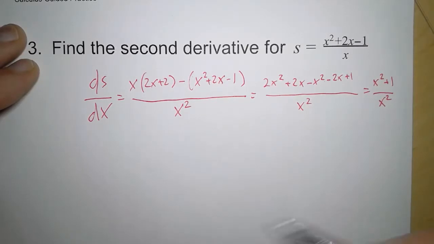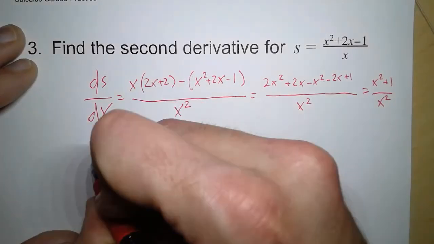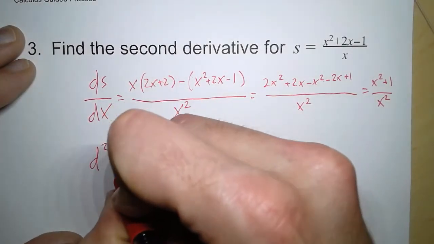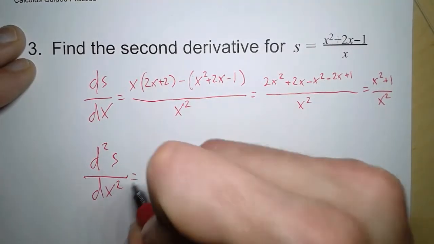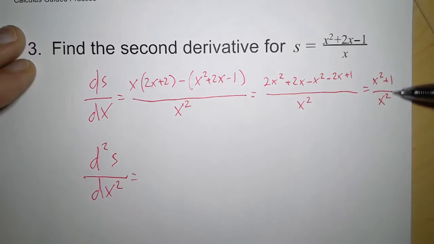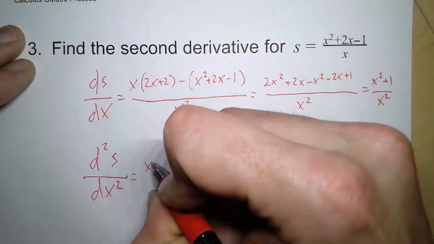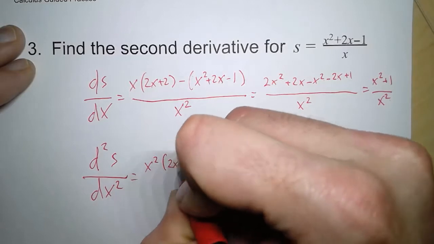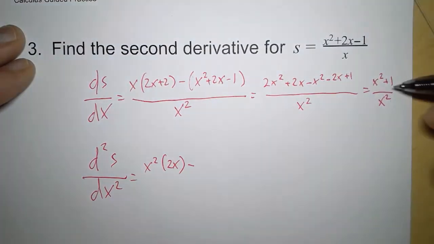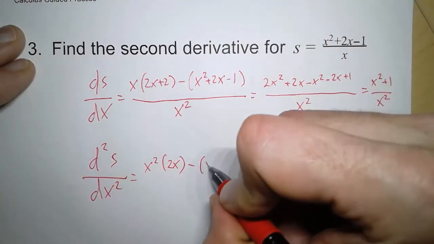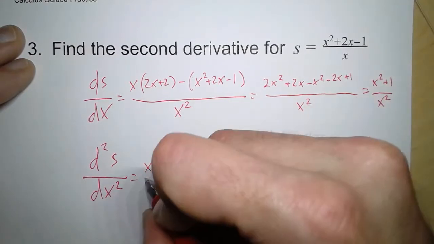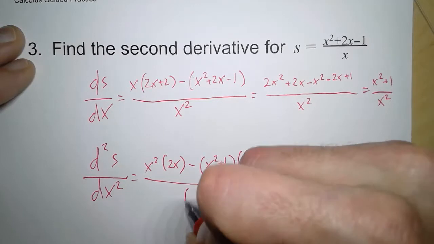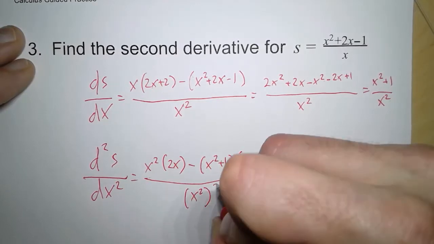So similar to number 1, we're going to write this as d2s over dx squared. And so using quotient rule for this, low d high, x squared times 2x, minus high d low, x squared plus 1 times 2x, all over low low, x squared squared.